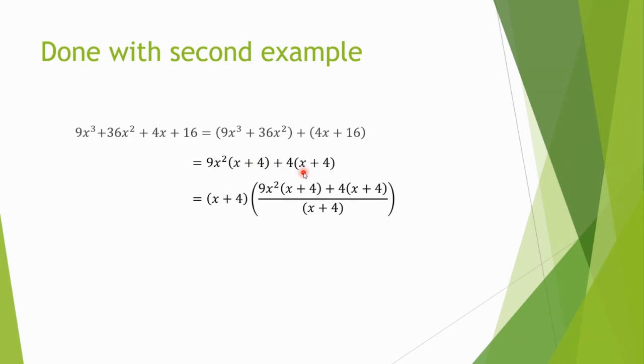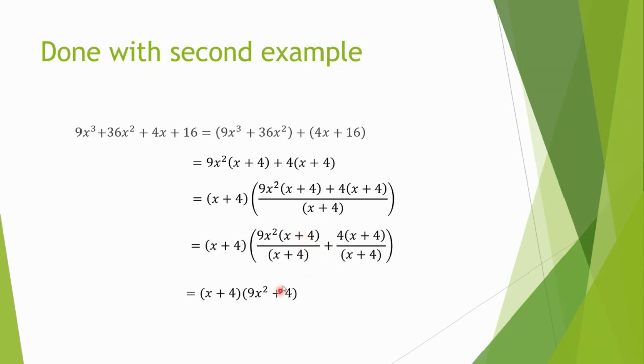Whatever's in common, you're going to take that out, right? But again, you get what's left over. And how do you get what's left over? You divide. Now, x plus 4 is the entire factor, so we have to divide that into each term. But it's not that bad because, as you can see, there's cancellation going on, and we get this.